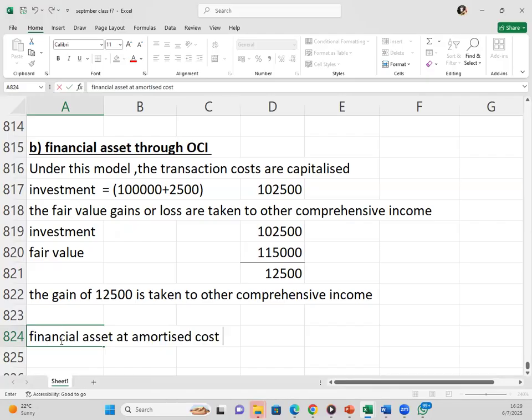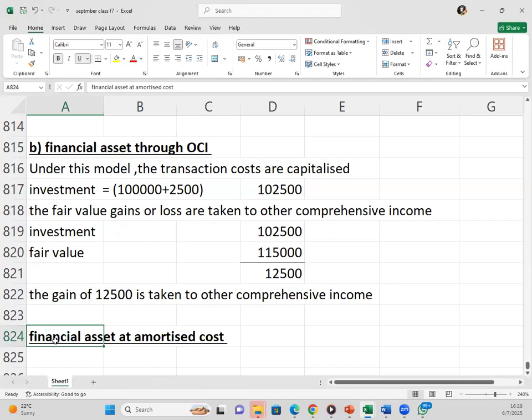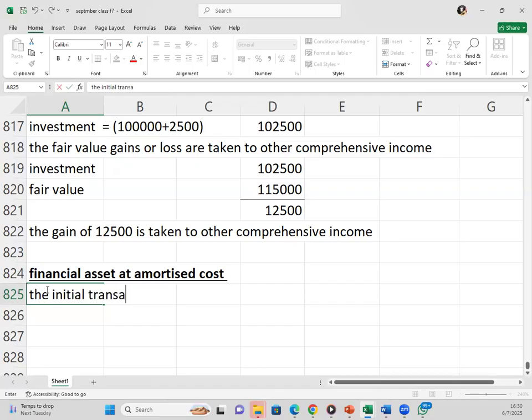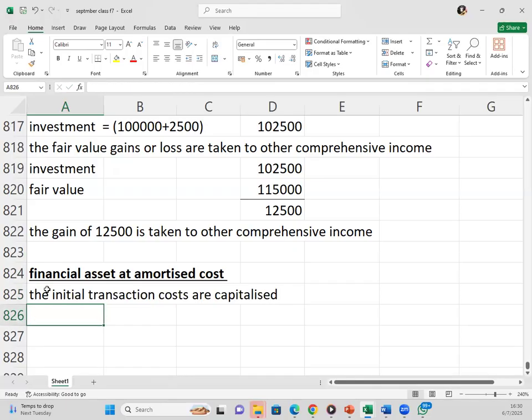So if a certain instrument has been classified as a financial asset at amortized cost, number one, again, under this model, the initial transaction costs are capitalized.